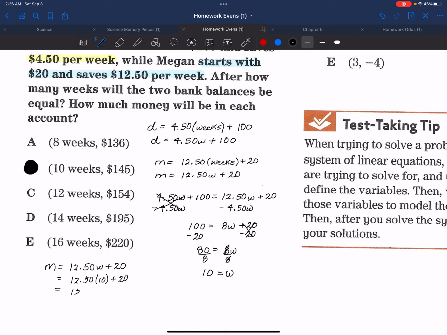So this is 125 plus 20 equals $145. So that is confirmed that B is the answer. When weeks are 10, the output is 145.